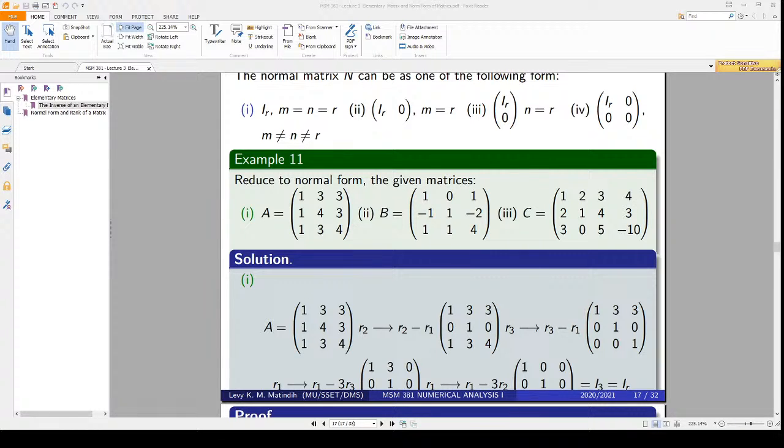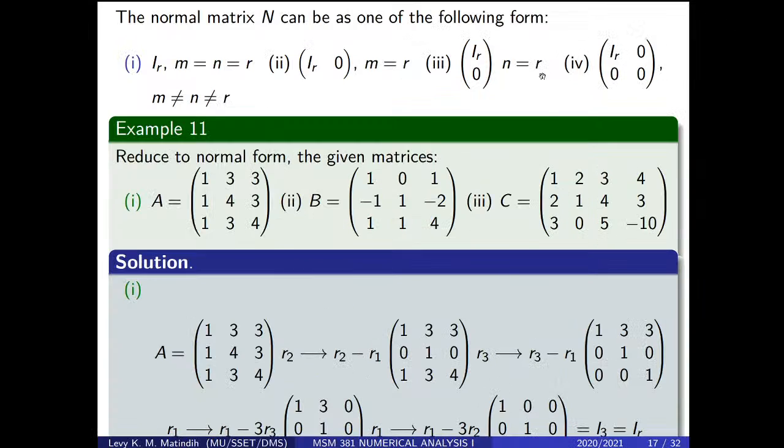The number of rows can be equal to the number of columns, or not equal, but you can manage to reduce the given matrix to its normal form.